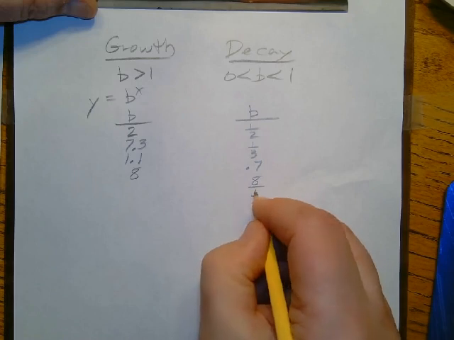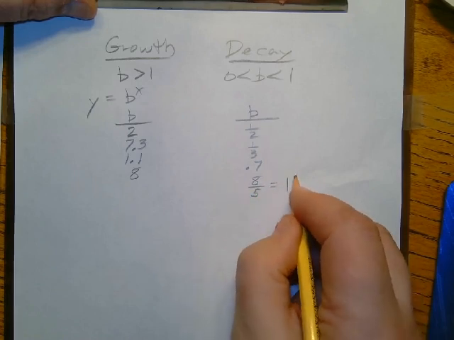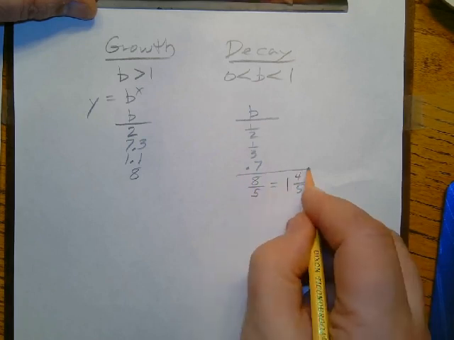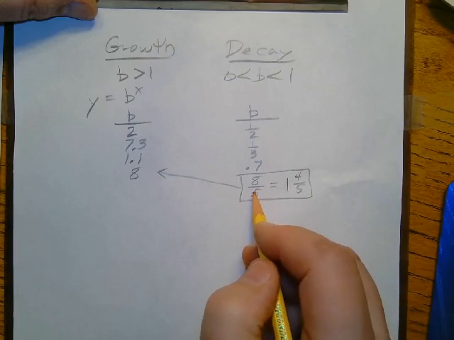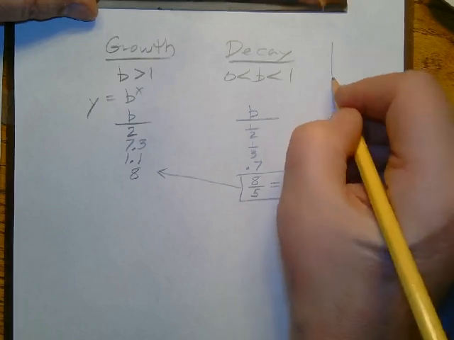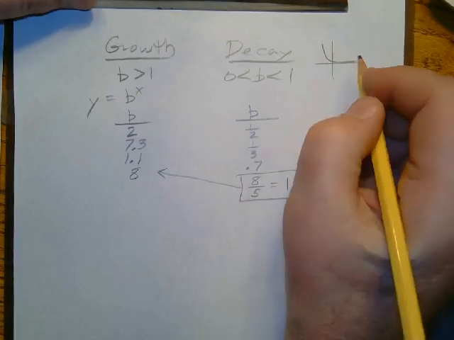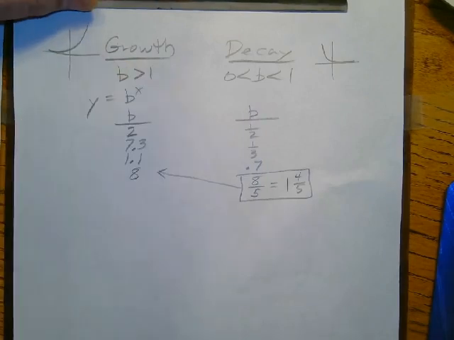But notice 8/5 is not a common fraction, because in reality, this is 1 4/5, so it doesn't belong here, it belongs over here. It's not a common fraction. So decay is those numbers, and the graph will go downhill. Graph will go down for these, and over here the graph will go up.